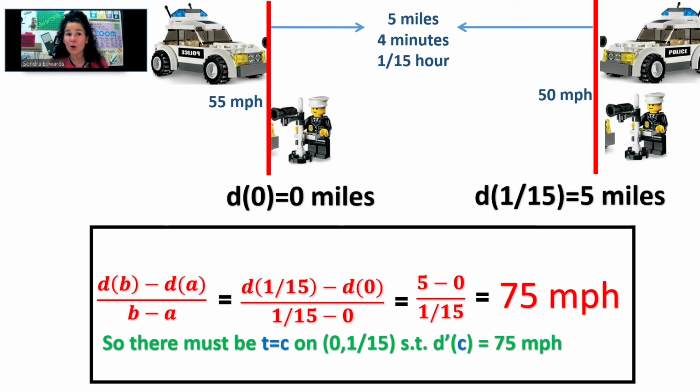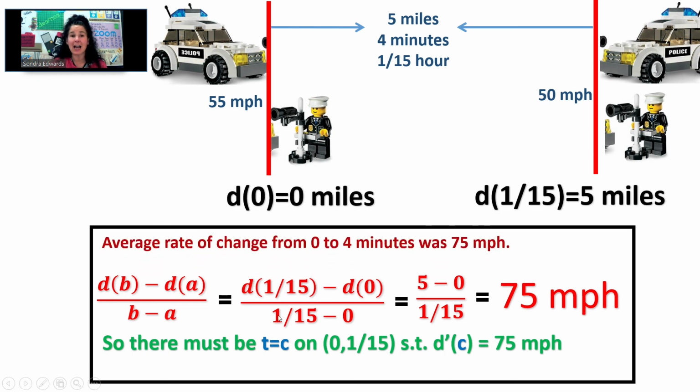May have been going more than that at some point in time, but the mean value theorem is guaranteeing that since the average rate of change from 0 to 4 minutes is 75 miles an hour, that at some time instantaneous rate of change must be 75 miles an hour. So that police officer could give them a ticket for going at least 75 miles per hour.